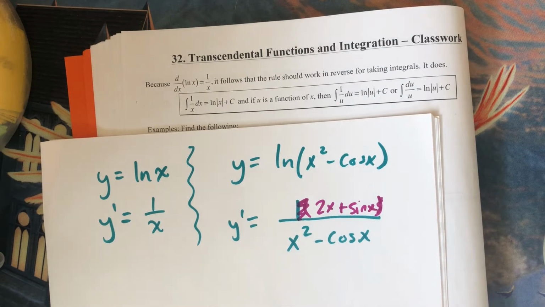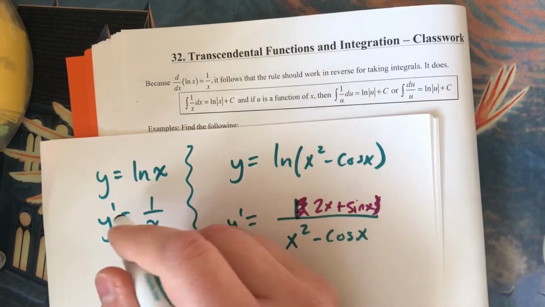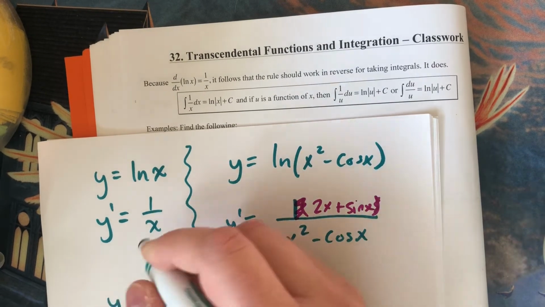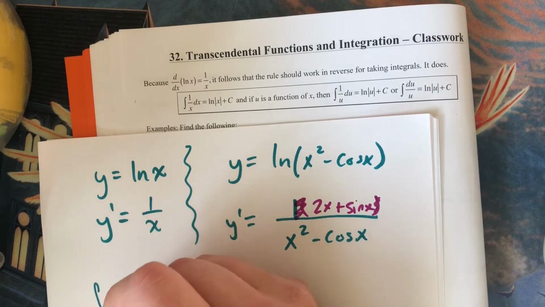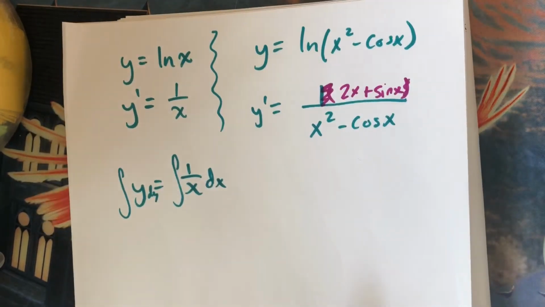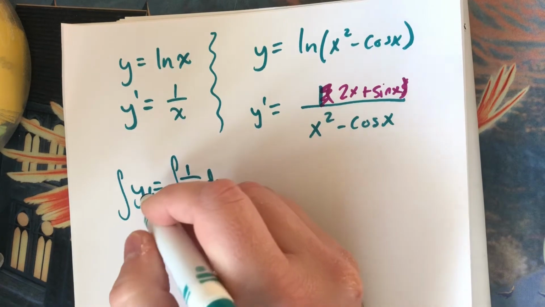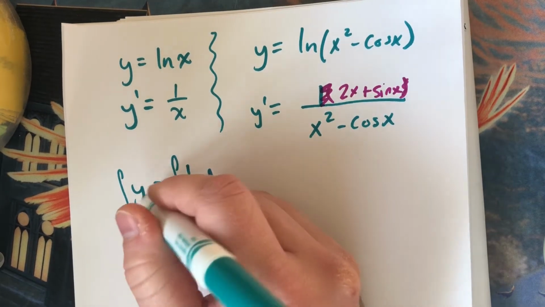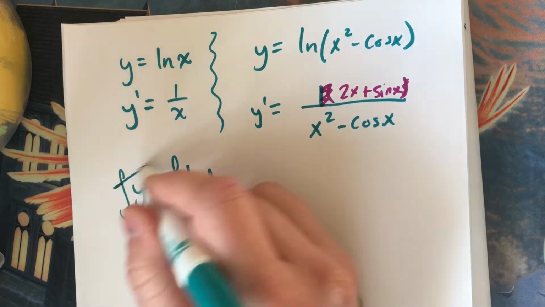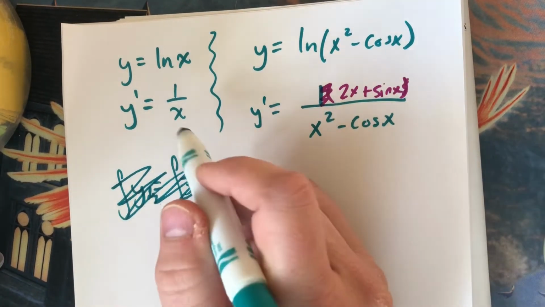So now that that is back in your brains, let's talk about the antiderivative. So if y is equal to 1 over x, well then if we were to integrate both sides over here, we can get, oh wait, sorry, I'm thinking differential equation mode.